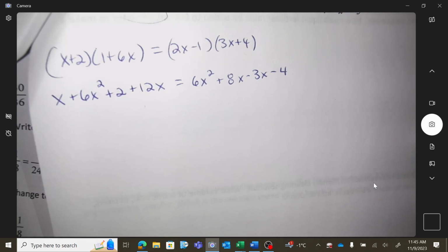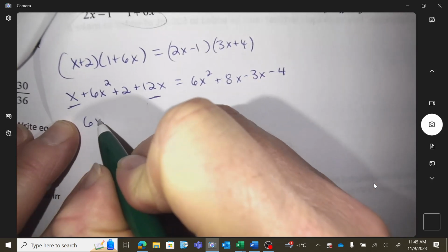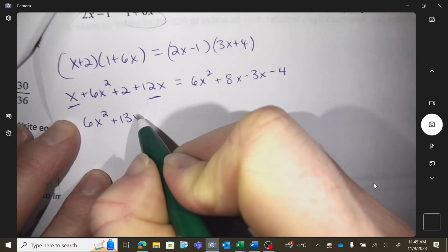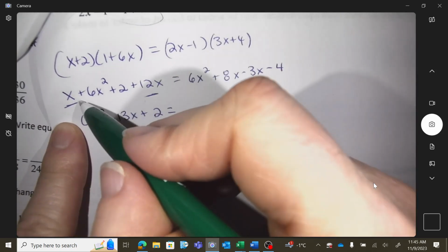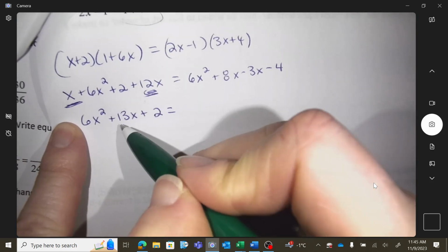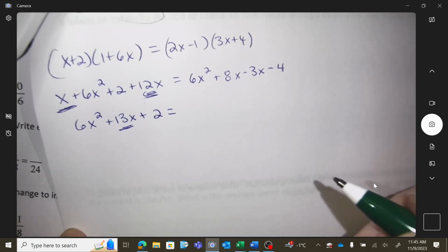Okay, so let's do some x work here. I'm going to put my x's together. Put my x's together. Can you put your x's together as well on the other side?